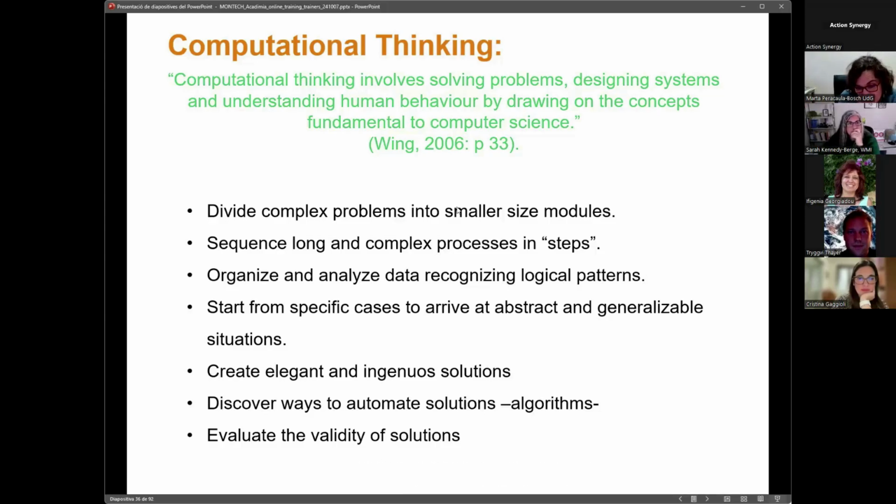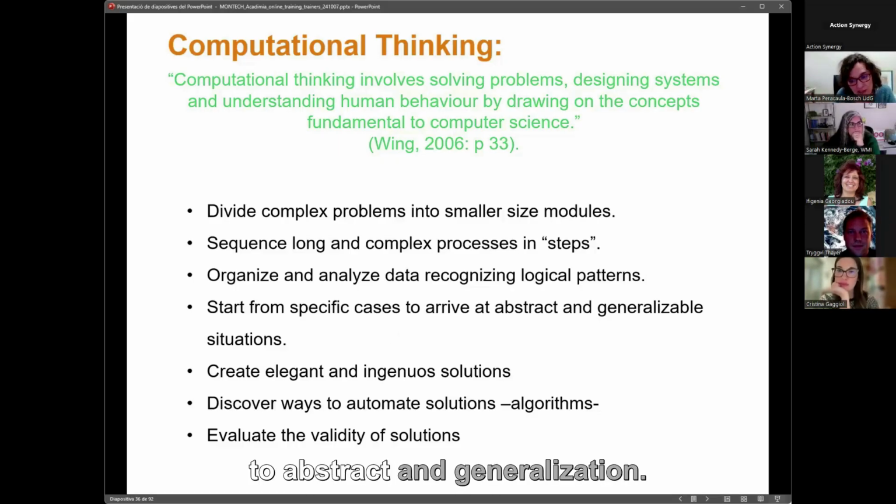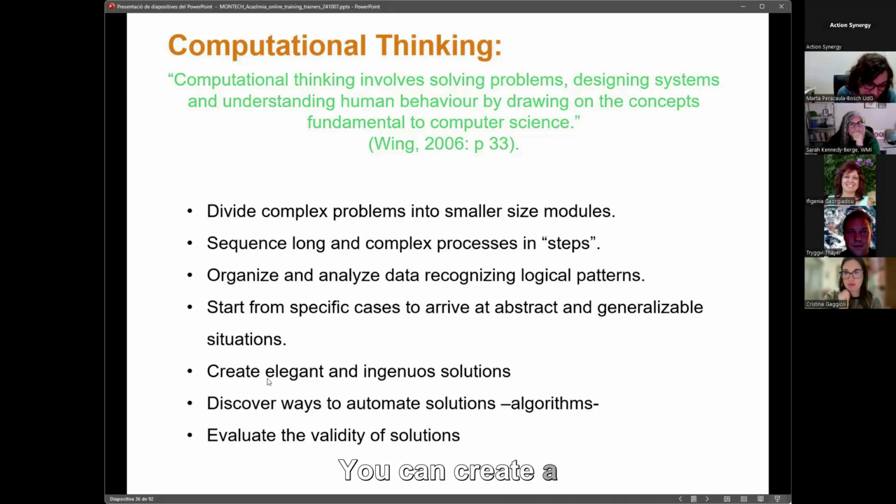You organize and analyze data, recognizing logical patterns. You start from specific cases to arrive at abstraction and generalization. So this is also a part of constructing knowledge. You can create elegant, ingenious solutions, and you discover ways to use these patterns to automate solutions.